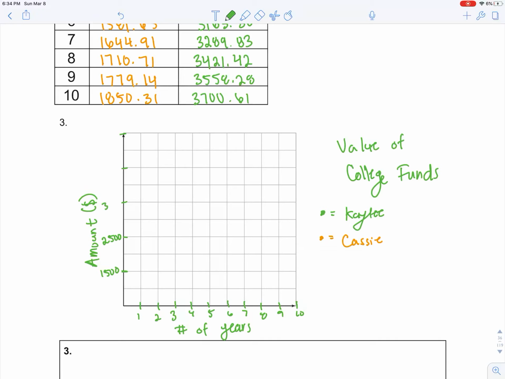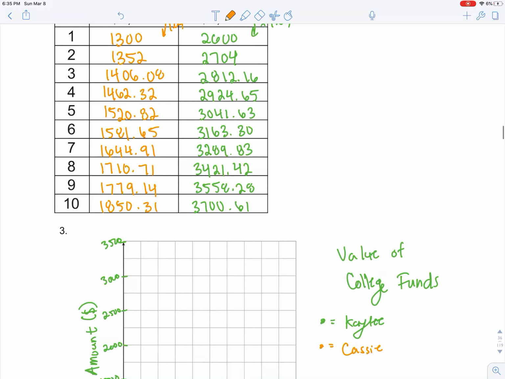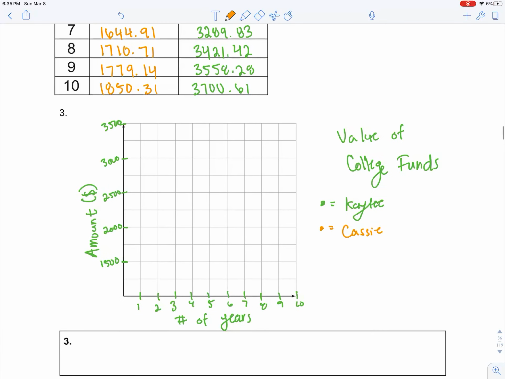So there's 2,500, there's 3,500. Oh no, I liked what I was doing before. Sorry, I keep changing my mind here. So this is going to be 2,000. This is going to be 2,500. This is going to be 3,000, and then this is going to be 3,500. Okay, let's regraph Kaylee's graph then.